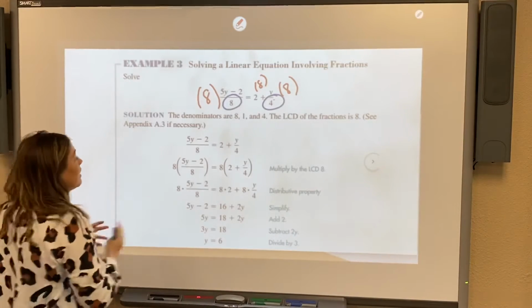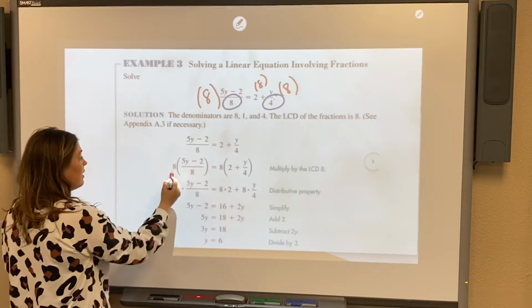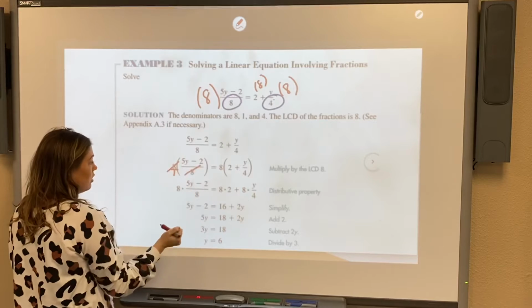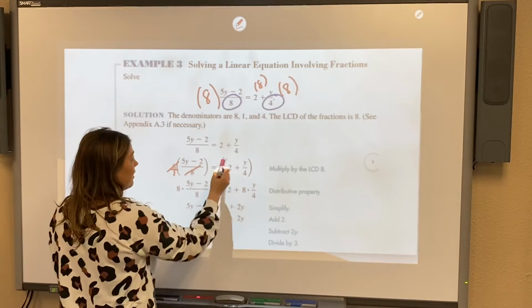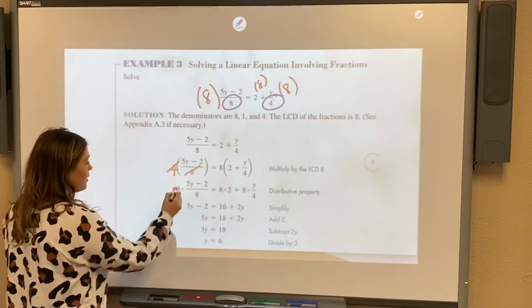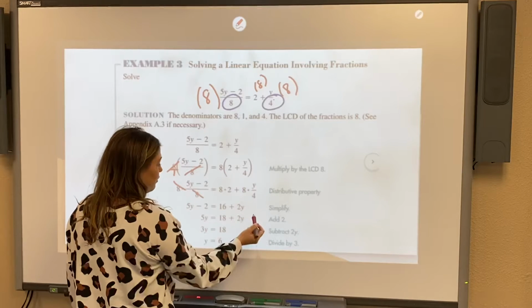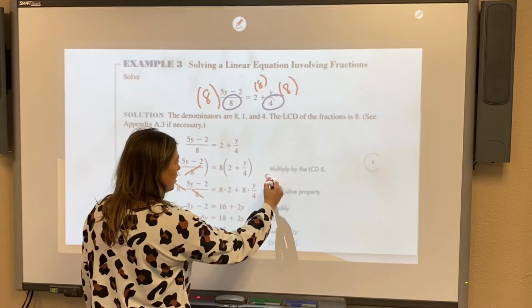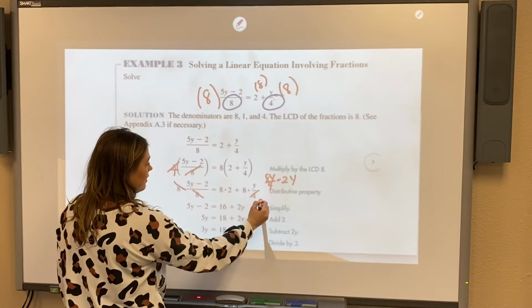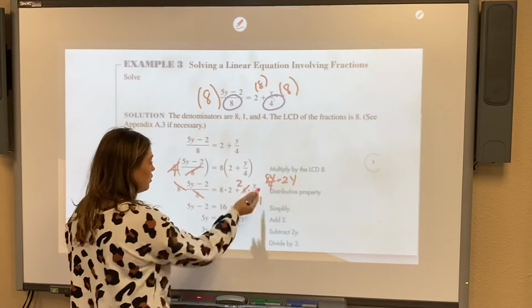If we have (5y minus 2) divided by 8 times 8, if you think about cross simplifying, the 8's cancel. Then 8 times 2 is 16. And 8y over 4 is equal to 2y, or you can think it cross simplifies as 2 times y, 2y.